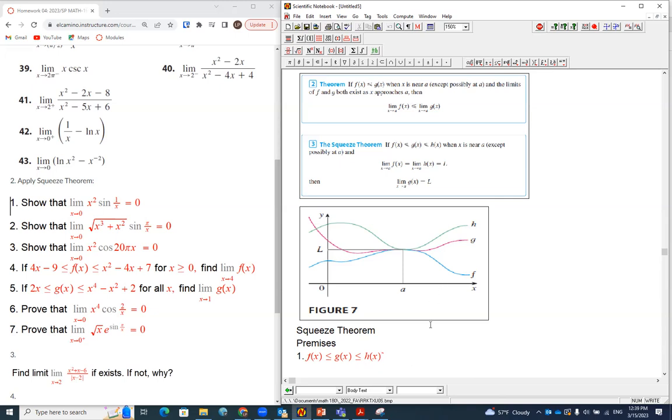Okay, and this condition is true when x is near A, except possibly at A itself. So this condition must be observed completely, including all these small details.